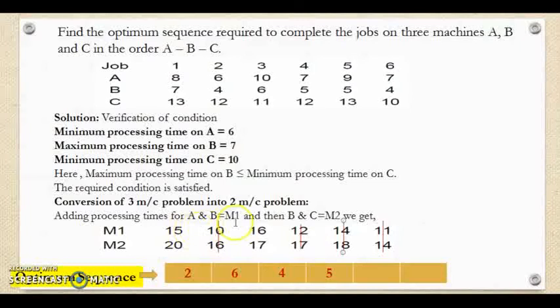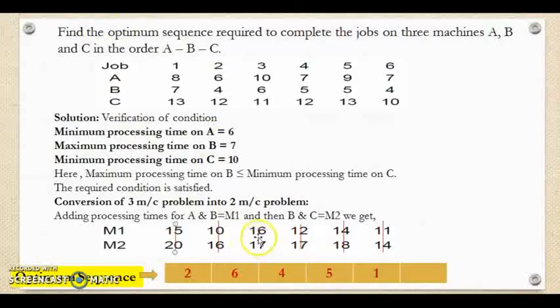Okay, now if you look again in the remaining processing times, the smallest processing time is 15 for the first job, and as it lies on machine M1, it must be sequenced first in the remaining sequence cells. So eliminate the processing times from further considerations by drawing a line.